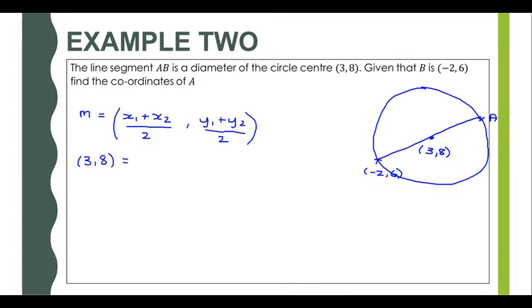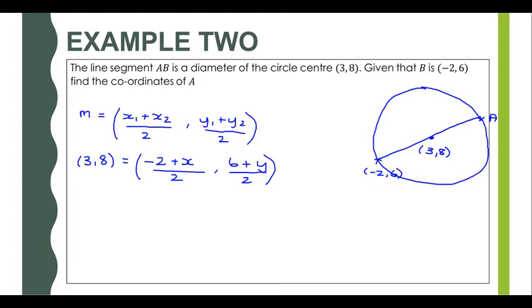And that is equal to x1, so our first x coordinate, so -2, plus x2, which we'll just call x, divided by 2, and y1, which we know is 6, plus our second y coordinate, which we'll just call y, divided by 2.